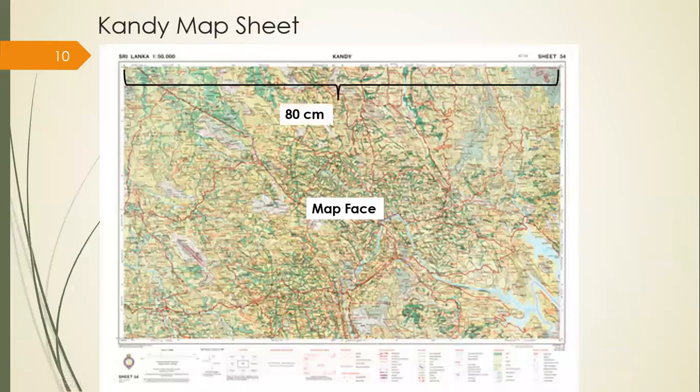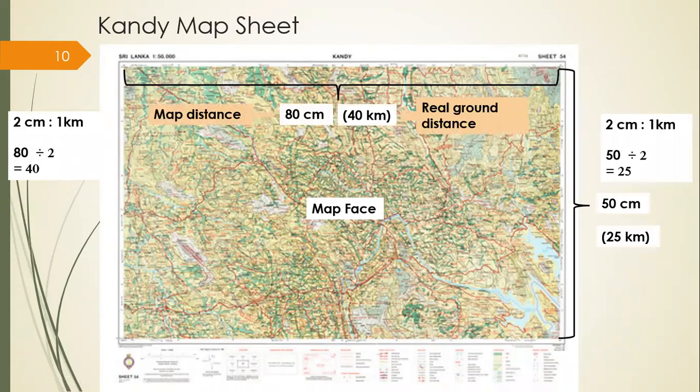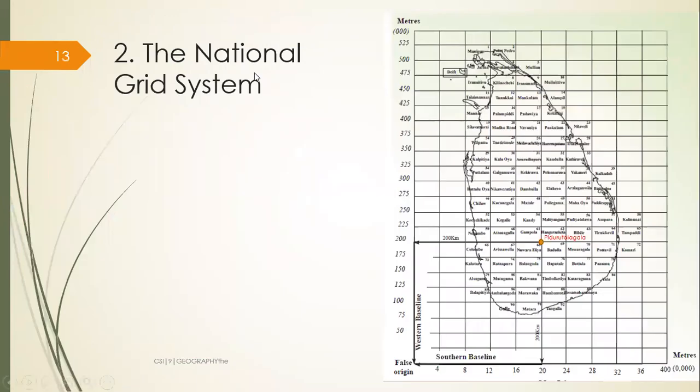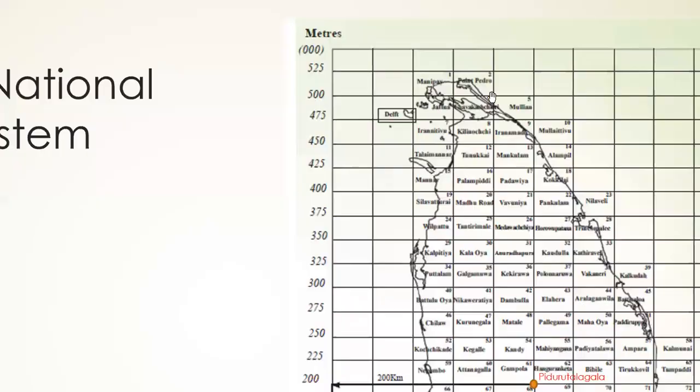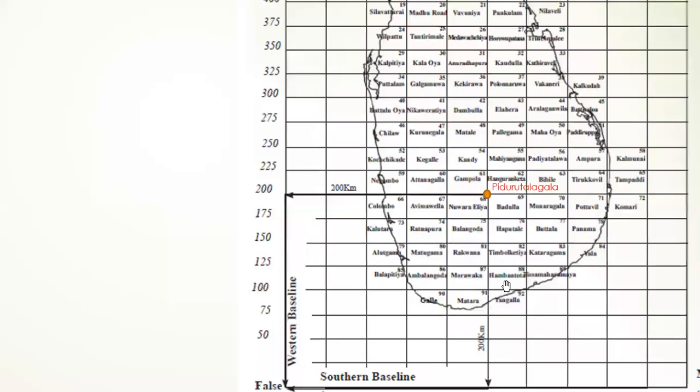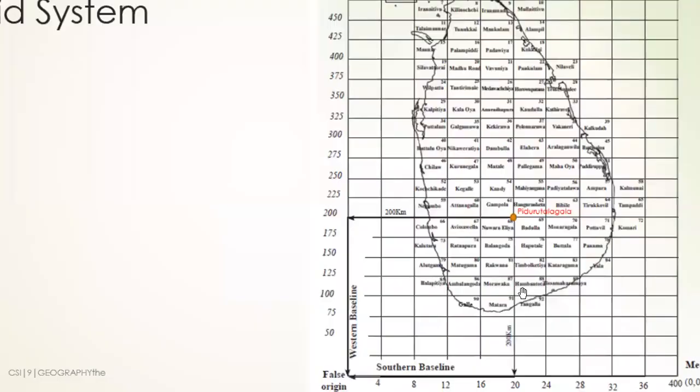So I will show you this. From this, you will see how those 92 map sheets have been divided in the country, because it's a large map. So first map sheet is Manipay in Jaffna and Tangalle is the last one, 92. Make it larger to show you. Here, Manipay and Tangalle.